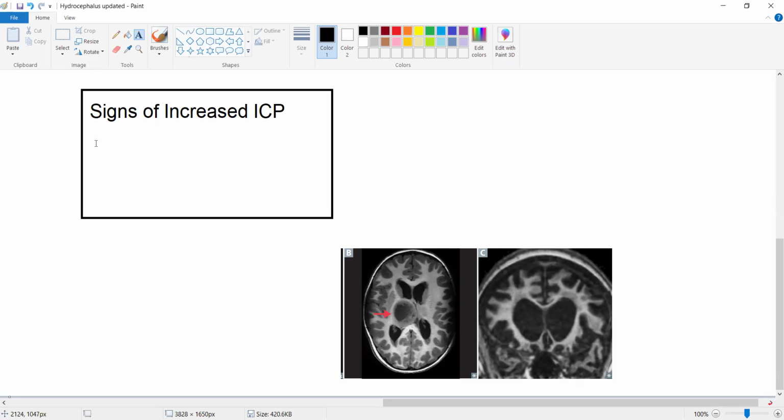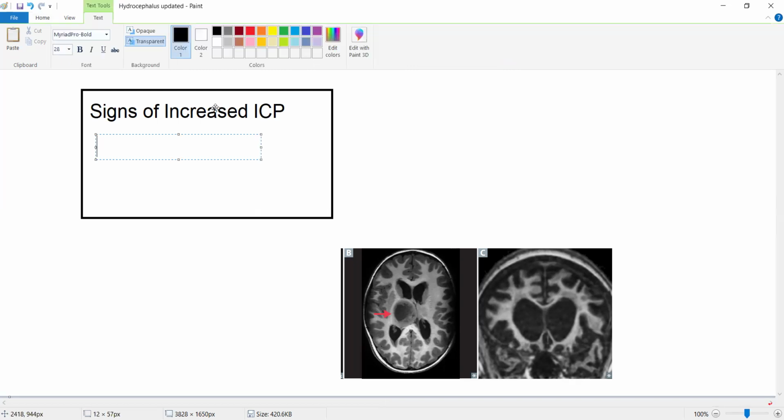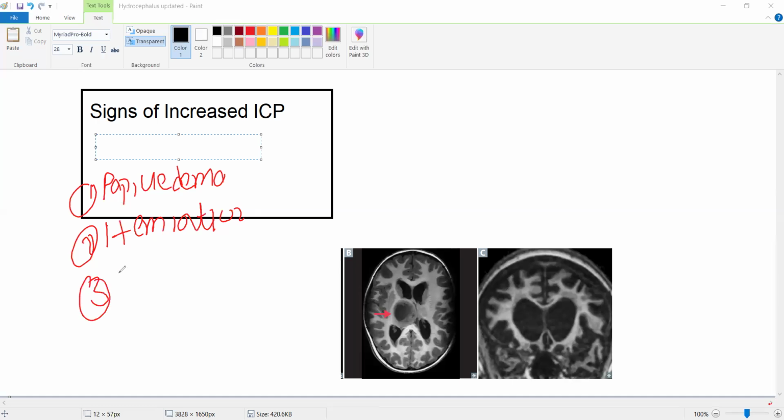It will be headache, projectile vomiting, papilledema, herniation, right?